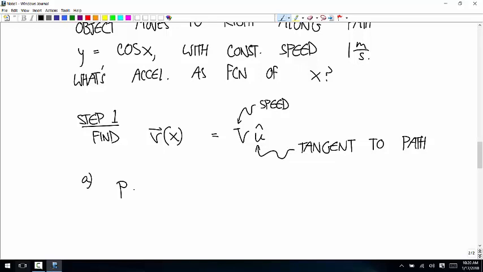any problem like this you can solve with these steps. So the position vector as a function of x, well, we know that y is equal to cosine x. x is playing itself. So as a vector parameterization, this is just going to be [x, cosine x].